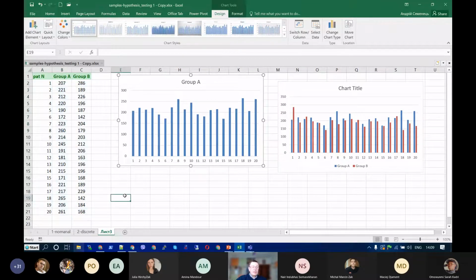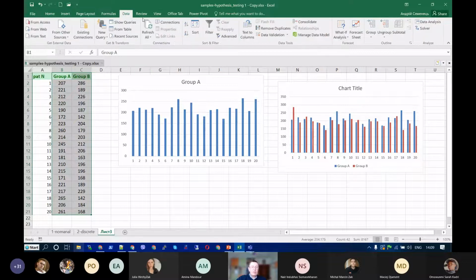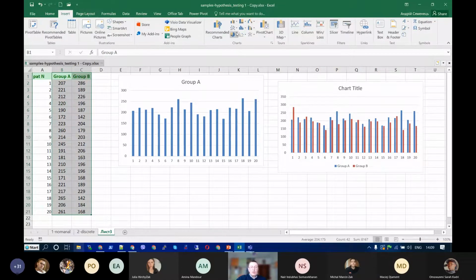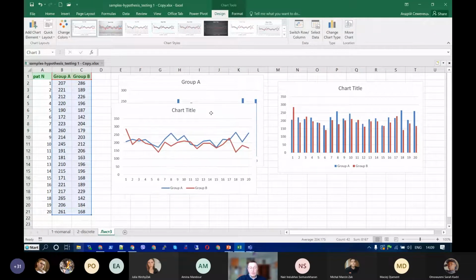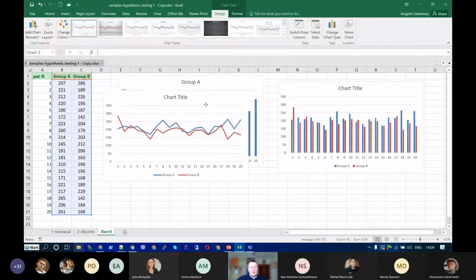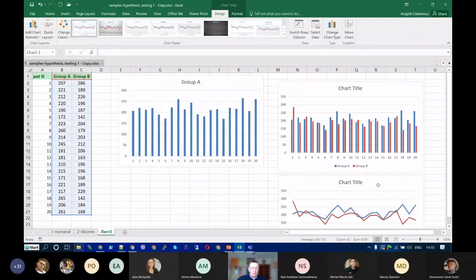In the same way we can visualize our data series with a line chart, and it will be a way to compare it visually.